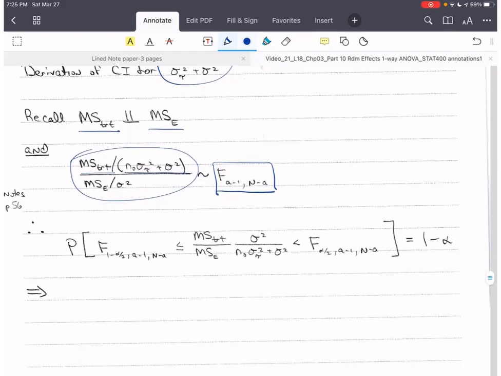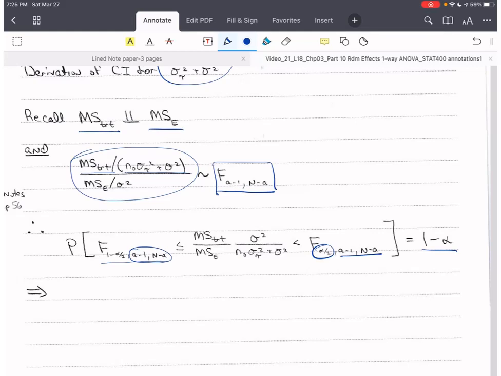So we write the probability, again we have between the critical value f of 1 minus alpha over 2 with these degrees of freedom and f of alpha over 2 with the same degrees of freedom. Well, the area in between will be 1 minus alpha, or the probability between those two values will be 1 minus alpha.